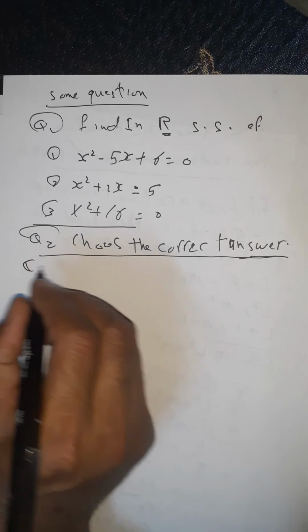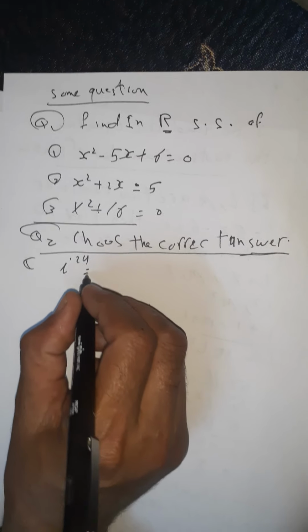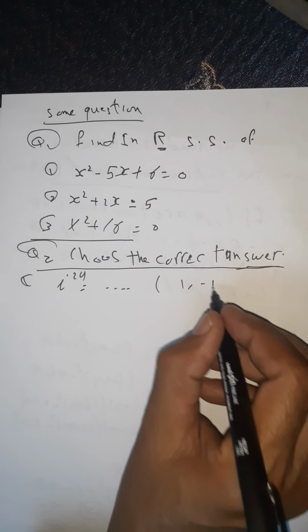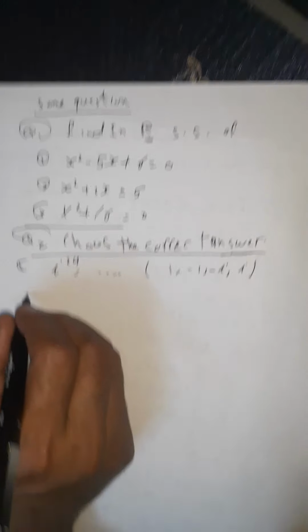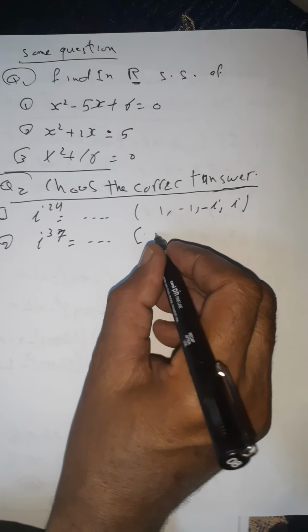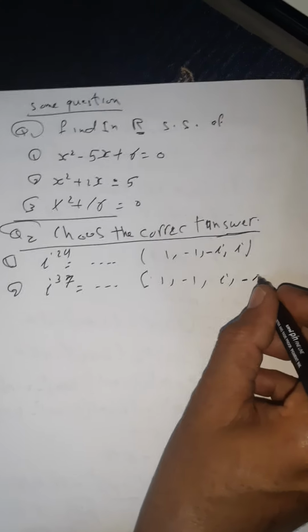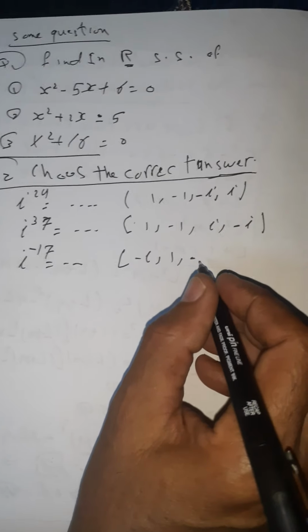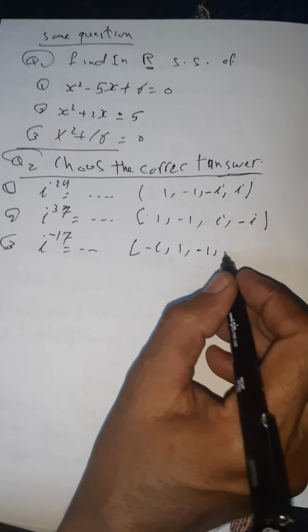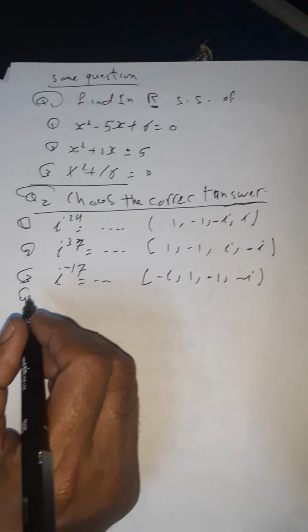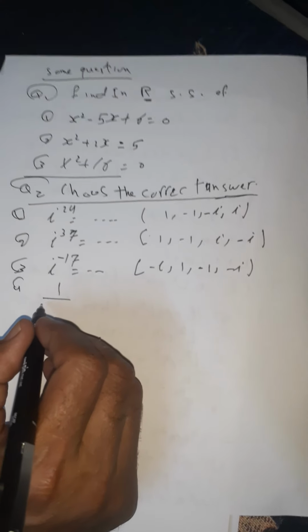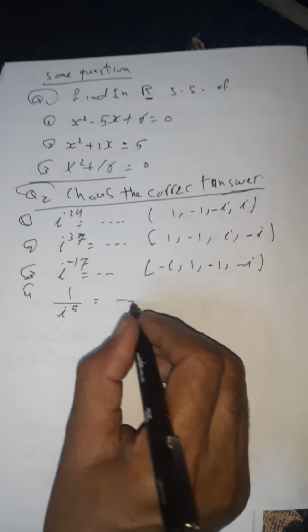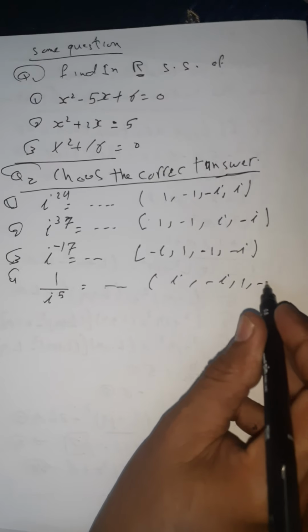Number 1, I power 24 equals, choosing 1 or negative 1 or negative I or I. Number 2, I power 37 equals, 1 or negative 1 or I or negative I. Number 3, I power negative 17 equals, negative I or 1 or negative 1 or I. Number 4, 1 divided by I power 5 equals I, negative I, 1, negative 1.